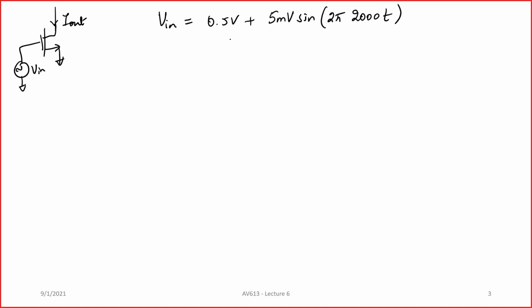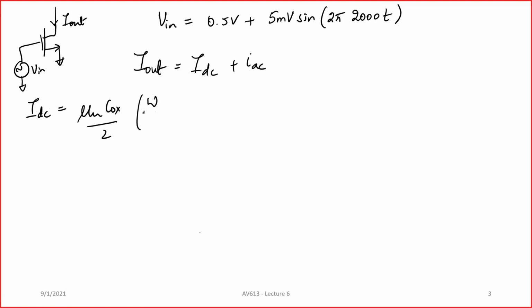All right. Now what happens to I out? First of all, there is the IDC component and the iac component. Notice that I'm just using capital and small letters to create the difference. Now IDC can be easily written as mu n C ox by 2 W over L (0.5 volt minus the threshold voltage, let's say some 400 millivolt), so 0.5 minus 0.4 to the whole square. Of course, I'm not including the channel length modulation effect here, because if you start doing that, it becomes very tedious.